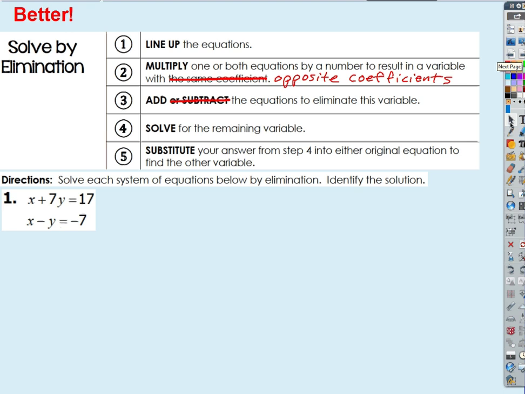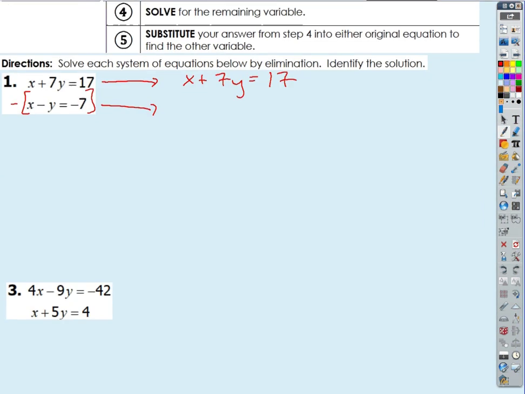So we can just do this, right? We could just go down here and distribute through a -1 in the bottom equation, and then what's going to happen? Well, the top one stays the same. The bottom one, if I distribute a negative through, what's it going to become? -x plus y equals +7, right?